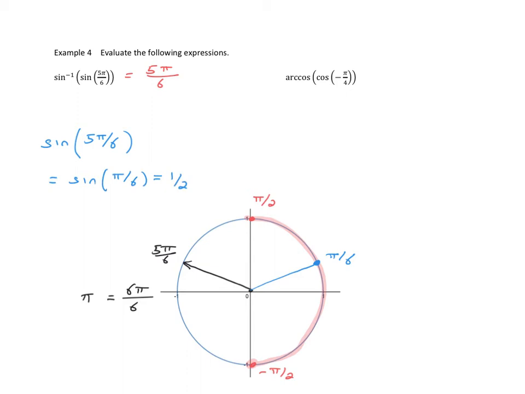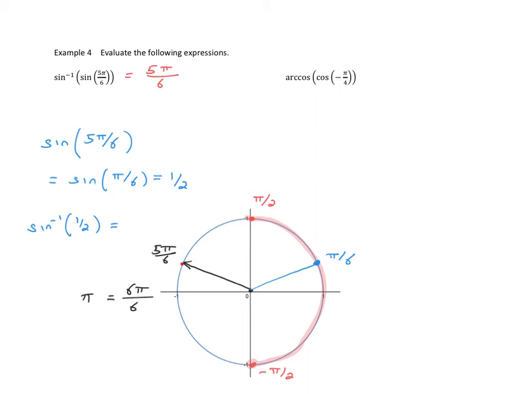Okay, great. But now what we want to do is figure out, well, I figured out that sine of 5 pi over 6 is equal to a half. What is sine inverse of a half? Sine inverse of a half is not equal to 5 pi over 6. We define sine inverse to only give answers between negative pi over 2 and positive pi over 2.